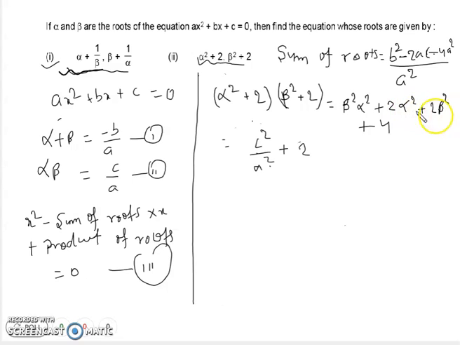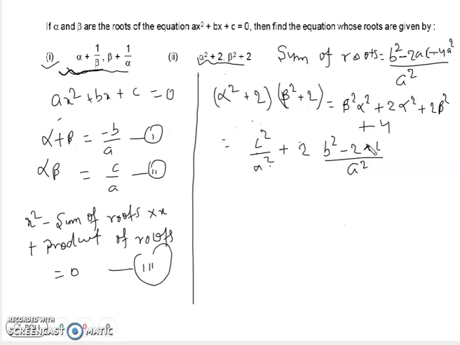So alpha square plus beta square is equal to b square minus 2ac divided by a square, guys, right? So you can directly put the values.